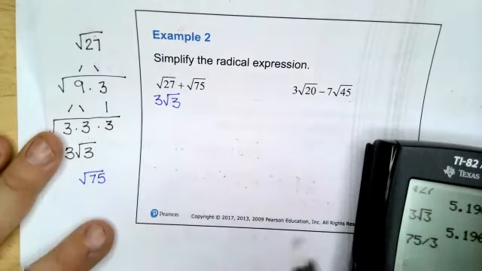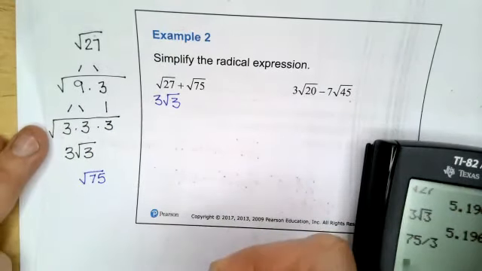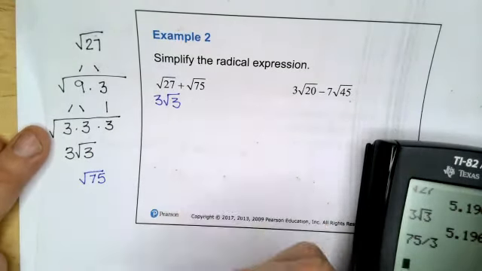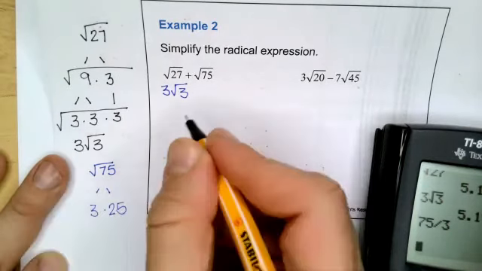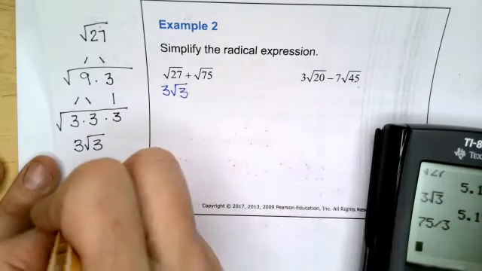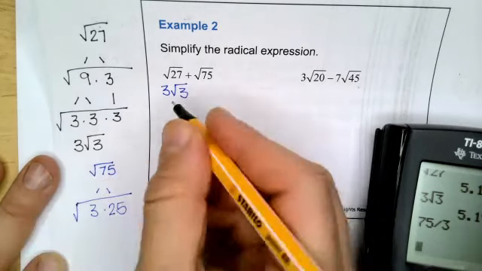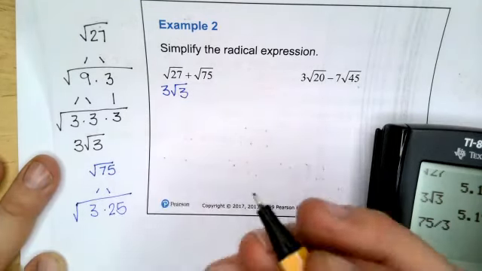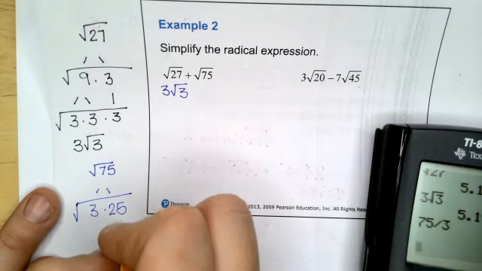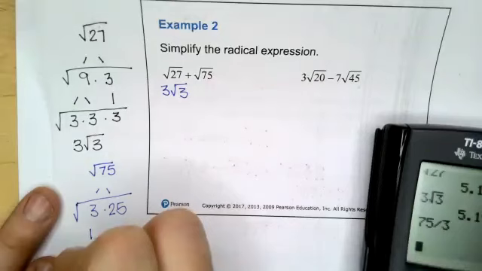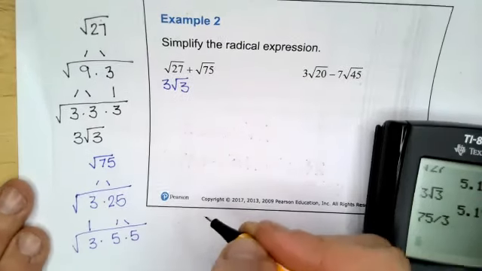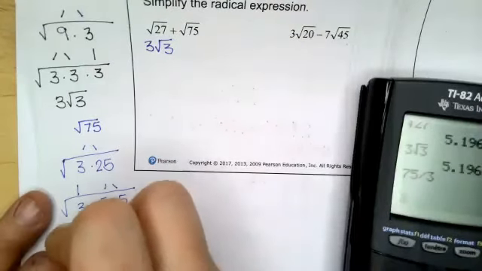Or you can make a list of squares, 9, 16, 25, and see which one goes into 75. So 75 we said was 3 times 25 because we wanted to have the same radicand as 3 square root of 3. I know that 25 becomes 5 and 5, or is a perfect square.